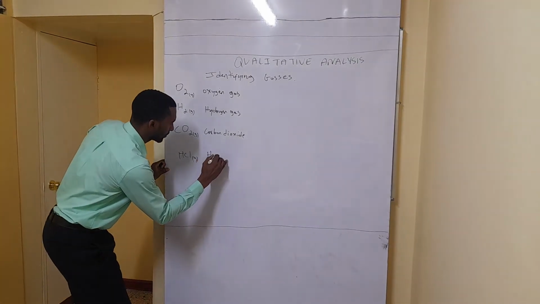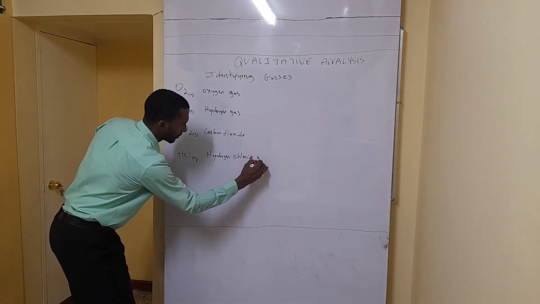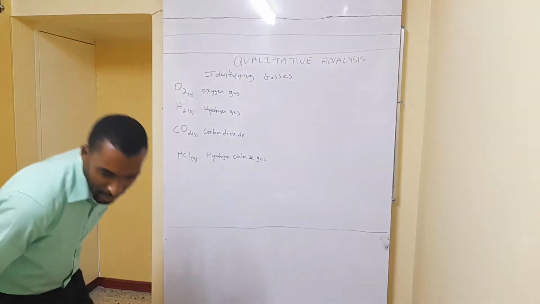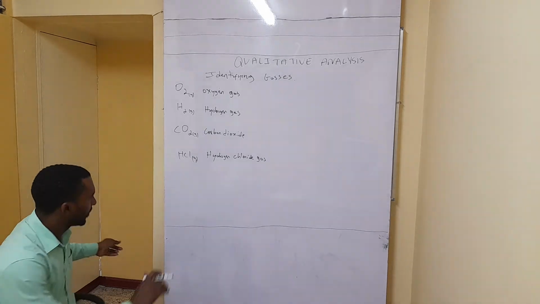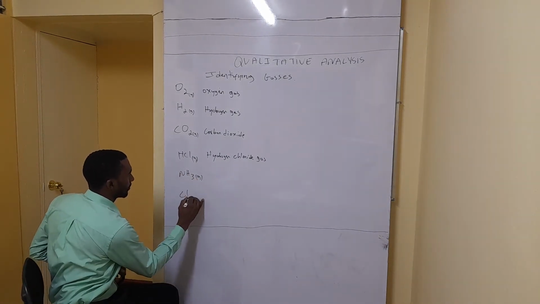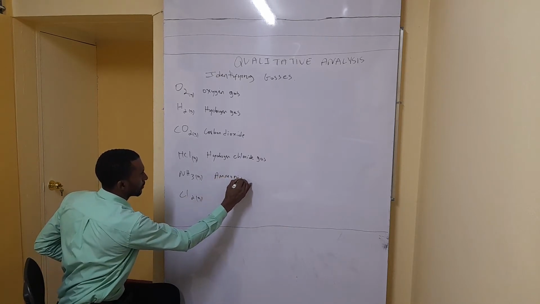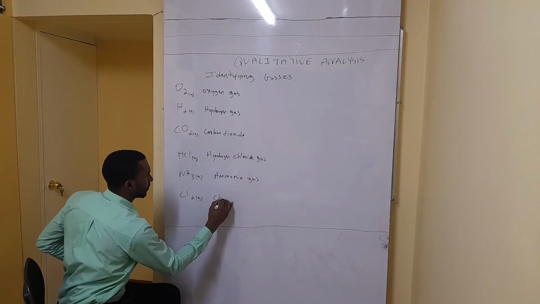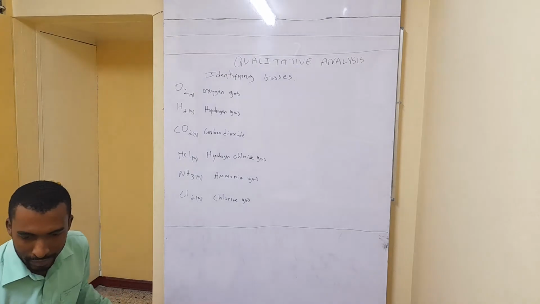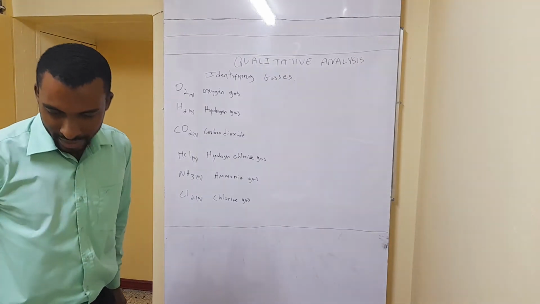We also need ammonia gas and chlorine gas, sulfur dioxide, nitrogen dioxide, and water vapor.